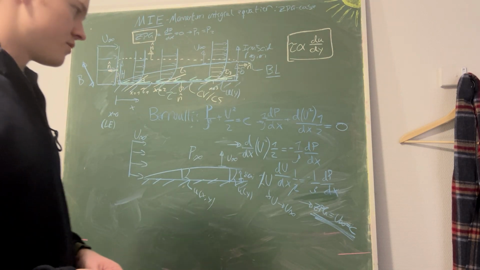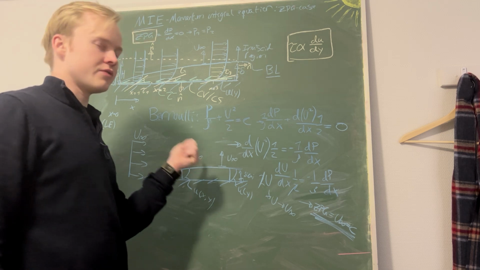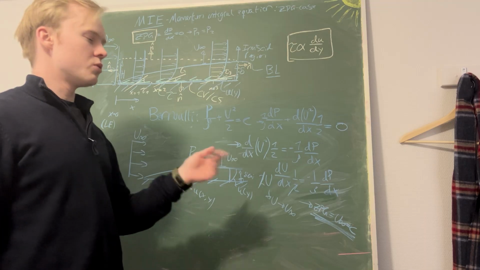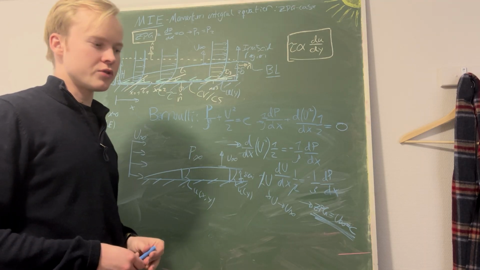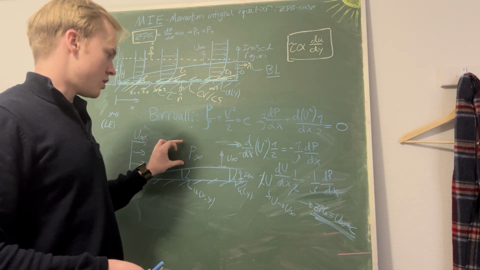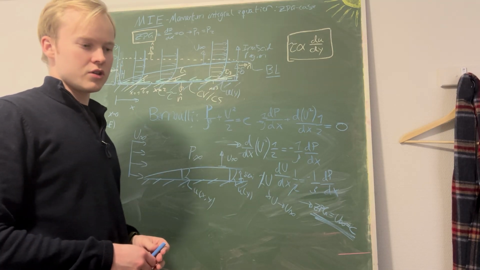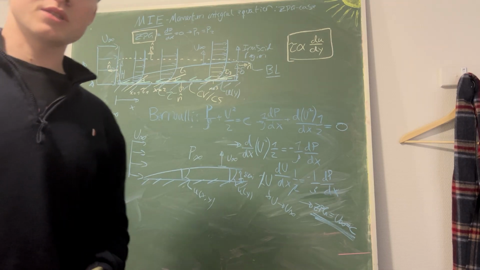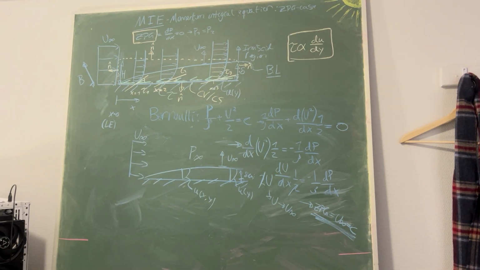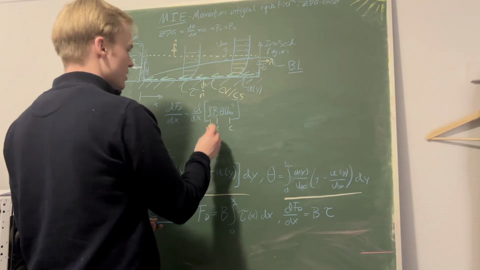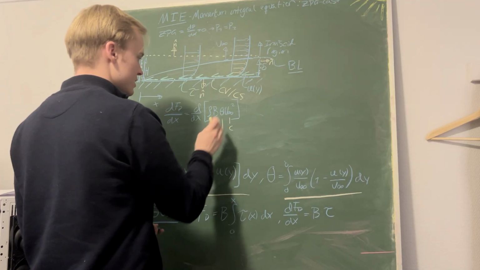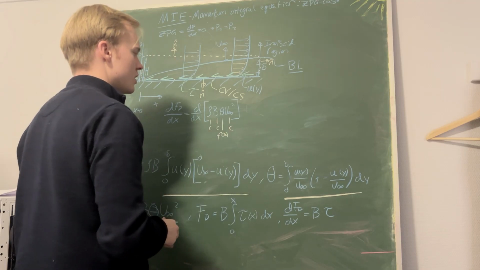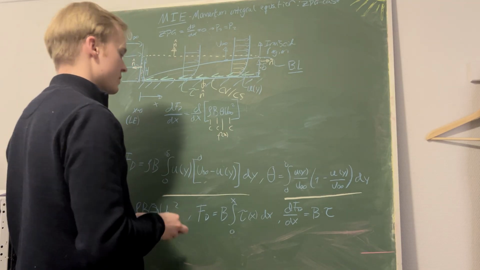So now we've proven that both with the Euler inviscid equation and with Bernoulli, if we differentiate Bernoulli, we will end up with the same if we use that over the boundary layer where the velocity is the freestream velocity u infinity. I hope that makes sense. So the only thing we have left is that this is a function of x, our momentum thickness.